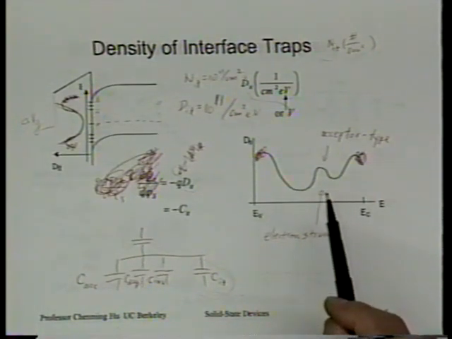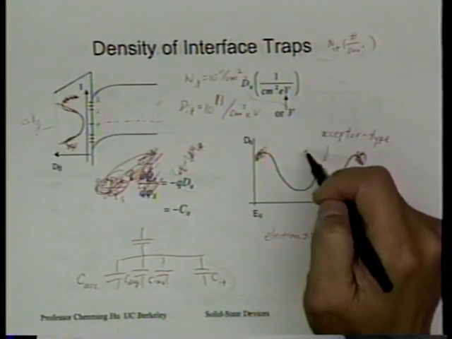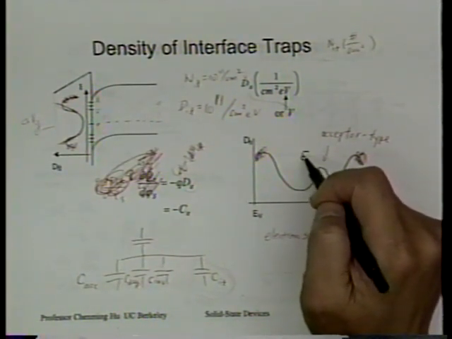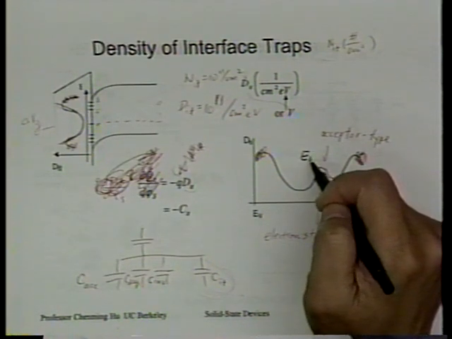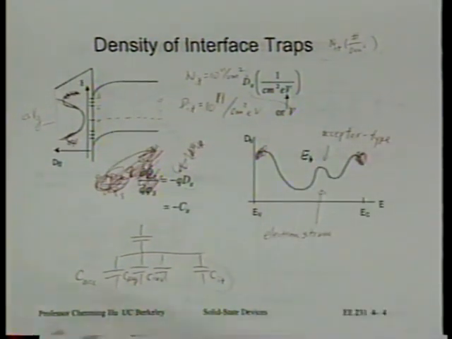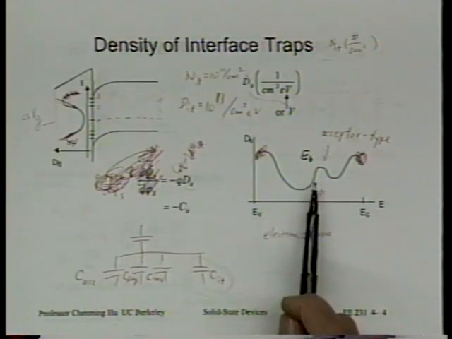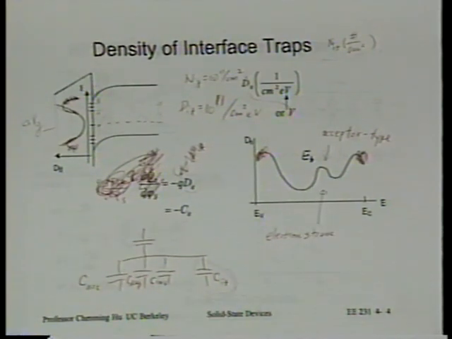Suppose there's a particular kind of bond, and I'm not quite sure what that is. In fact, I know in the literature, the chemists call this particular bond E sub B, and I cannot quite describe to you what that is. But certainly a particular bond structure will give you a trap at a particular energy.